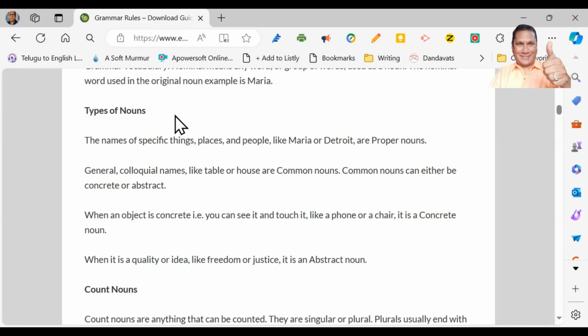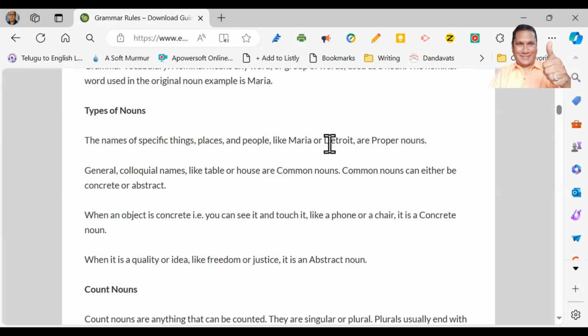Types of nouns. So, what are the types of nouns? The names of specific things, places, and people like Maria or Detroit are proper nouns. Specific things, unique. The naming word is given to a particular person or thing or place like that.